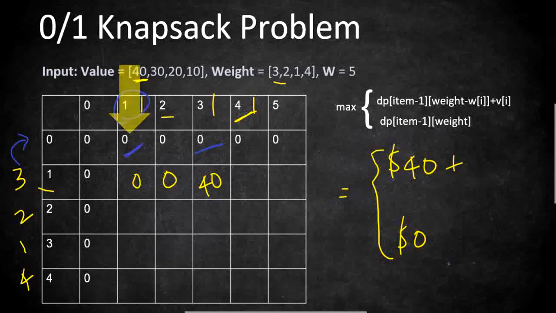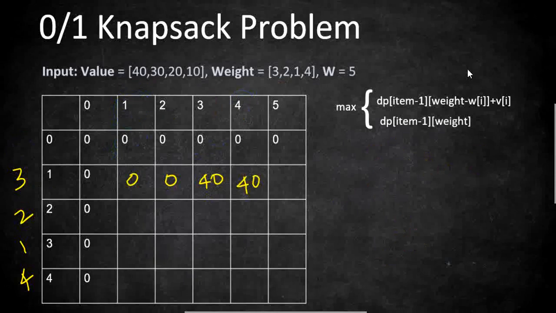Here, what is the value? The value is 0. As the weight of the item is 3 and the maximum capacity is 4, you can fill 1 extra kg and the value at 1 extra kg is 0. So here you have to put 0. The maximum of 40 and 0 is going to be 40. So we are going to fill 40.